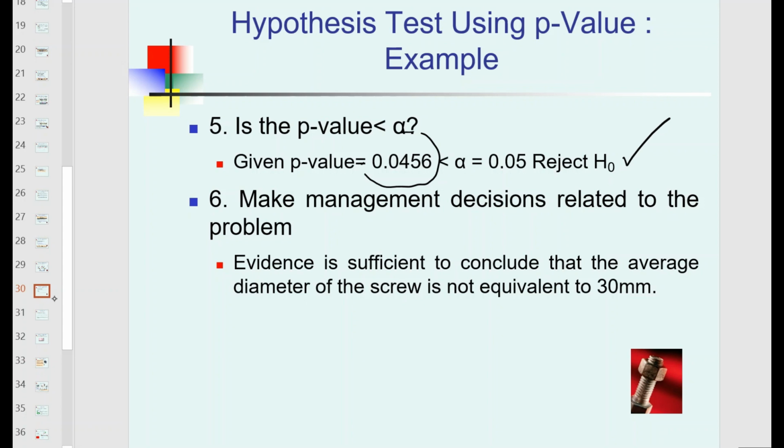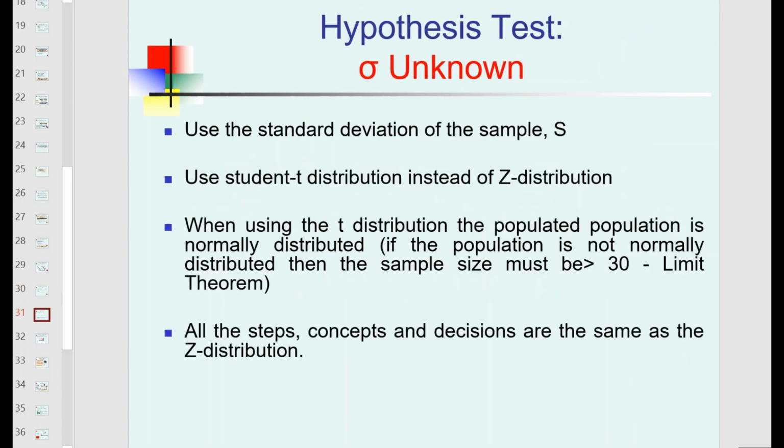So you can use the first approach or this second approach. Basically, what I've explained just now is how you conduct a hypothesis test when your sigma is known. There are two approaches, either from the Z value using the Z table, or also from the Z table but referring to the p-value.